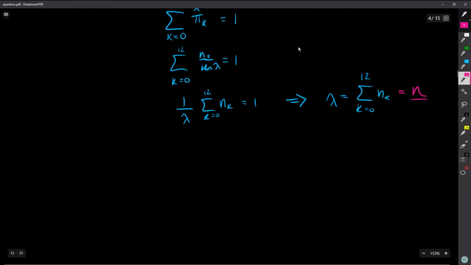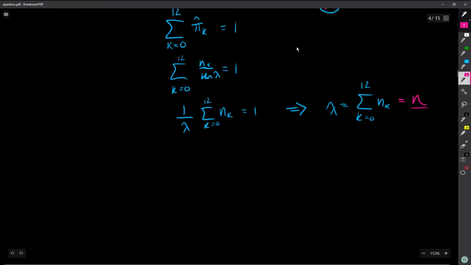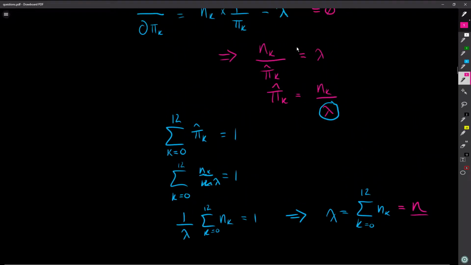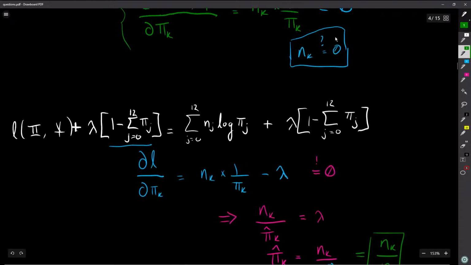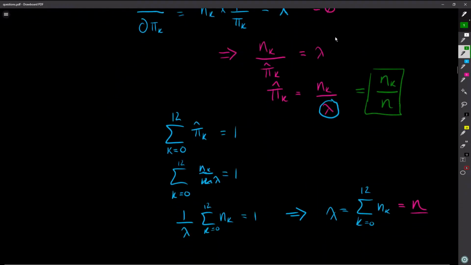Okay, so in other words, lambda being n means that our estimator up here we can write as nk divided by n. And this is going to be true for k equals 0 through 12. So again, this is the intuitive estimator. We're looking at the proportion here, and this is the estimator you would have found in the course notes. But hopefully seeing it like this is just a different way to work through things.